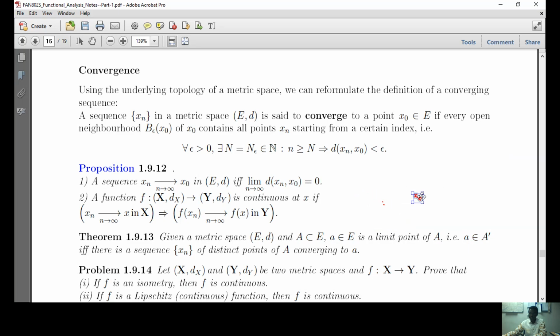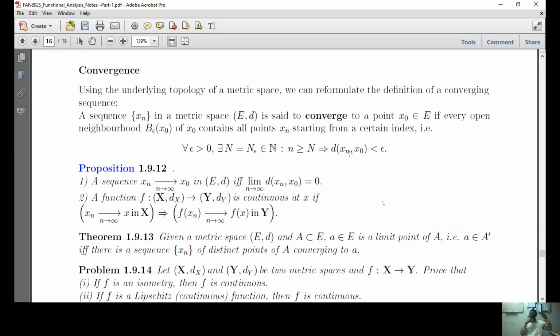So that's how you write the converging sequence. You can see that this reduces to what you know in R if this is a distance in R, the absolute value. So we are moving from R and we try to generalize the concept of converging sequence to a more abstract space. That is exactly the procedure.